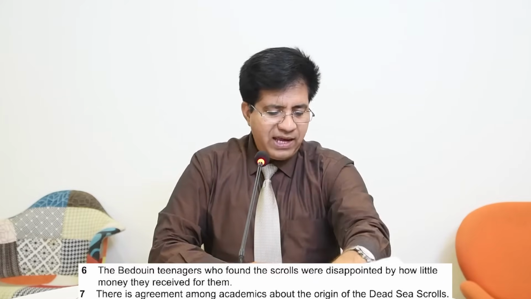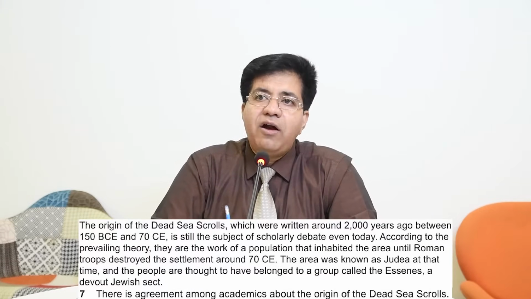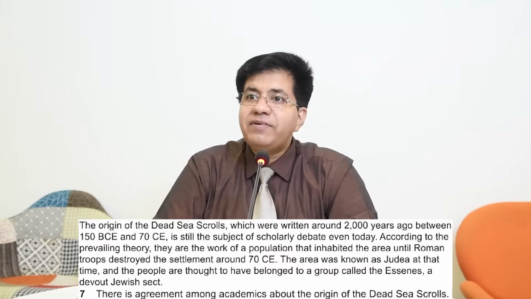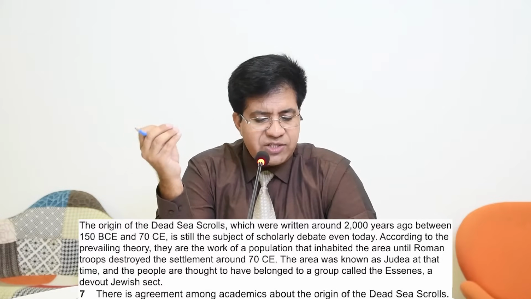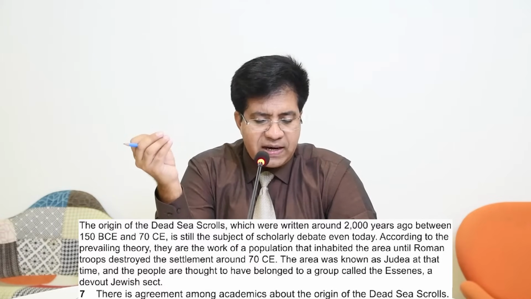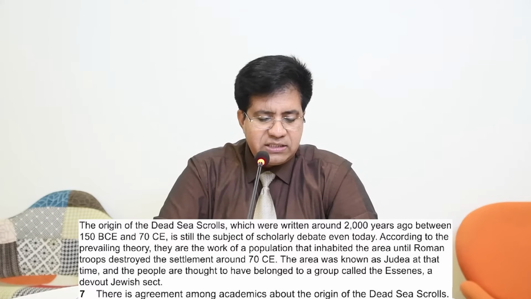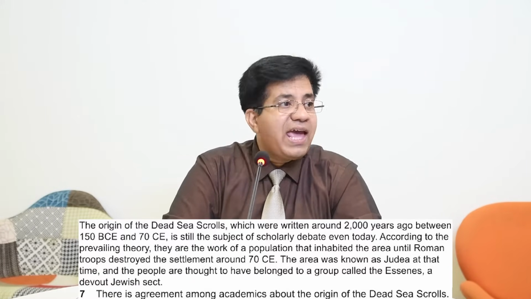Now please come back to the second paragraph, because questions and answers are in order. We read it from the first line. The origin, got the word? Clue word, origin. The origin of Dead Sea Scrolls, which were written around 2000 years ago between 150 BC and 70 CE, is still the subject of scholarly debate even today.